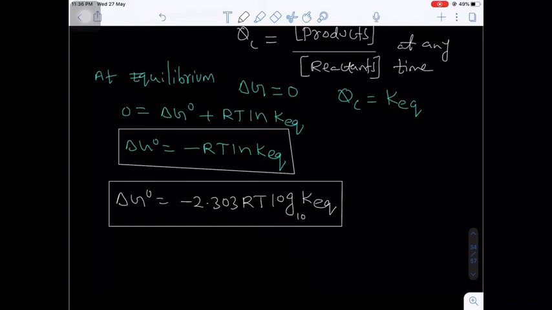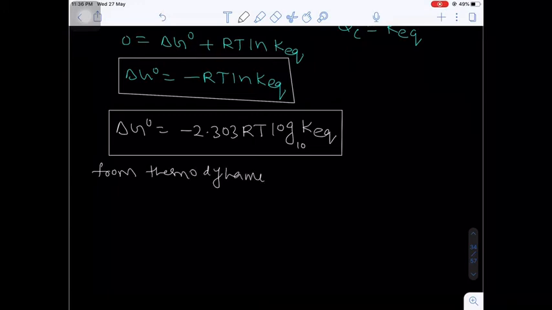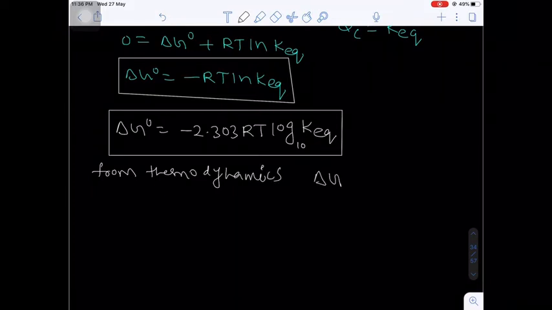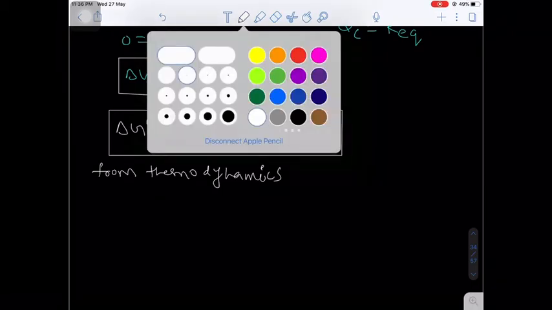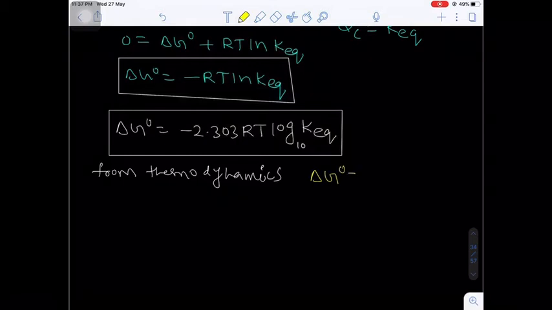In the second relation we have log K equilibrium to the base 10. And one more important formula from thermodynamics, that is delta G naught.